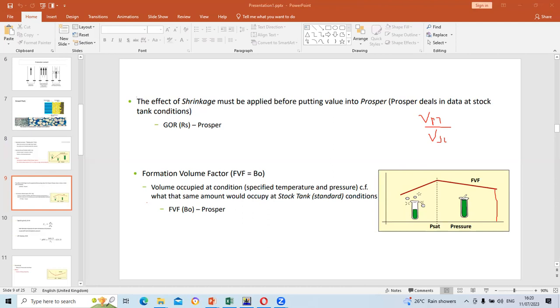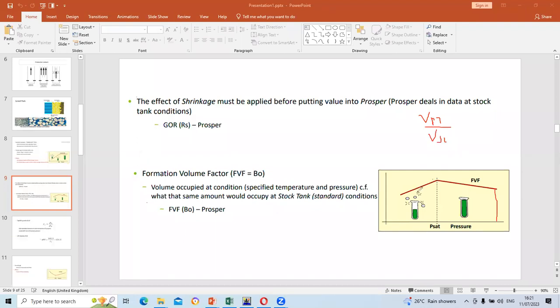And generally, when pressure on top of any material on the planet is reduced, that material tends to expand. So in this zone, the increase is simply due to the increase in volume due to the reduction in pressure that causes that expansion. That is why you see the formation volume factor is increasing. When it reaches the bubble point, that gives us the maximum value of the formation volume factor.